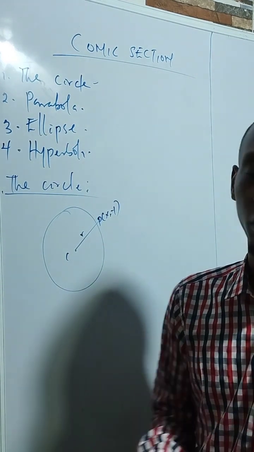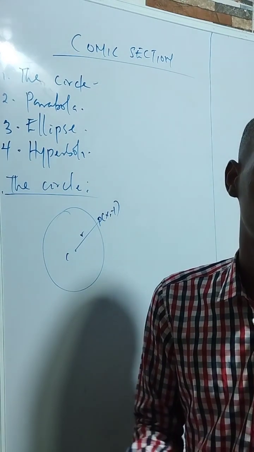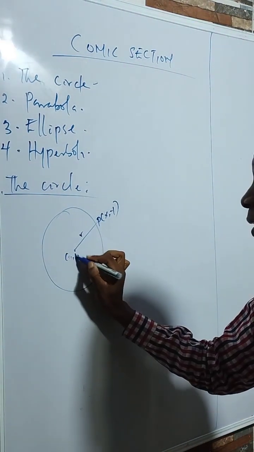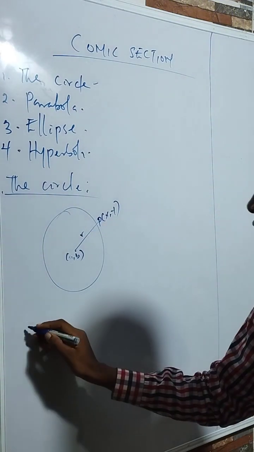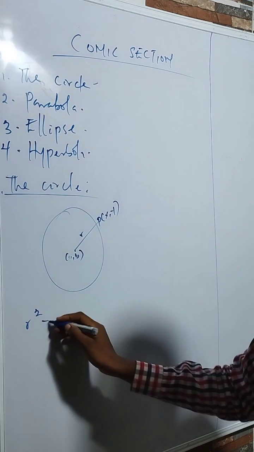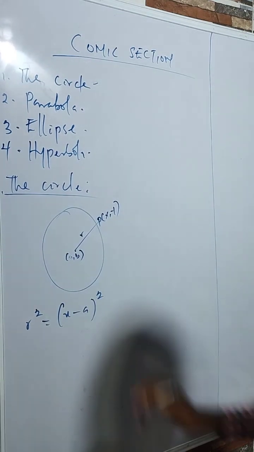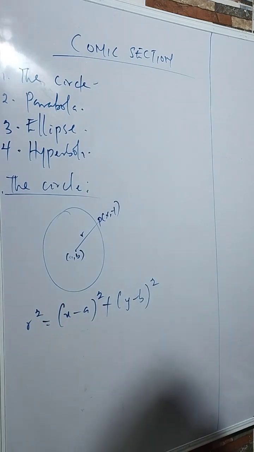If it is placed at the origin, we have it to be 0, 0. But if it is not placed at the origin, we are going to call that point a, b. And with that, I was able to show that this radius, r squared, is equal to the distance, which is x minus a all squared plus y minus b all squared.